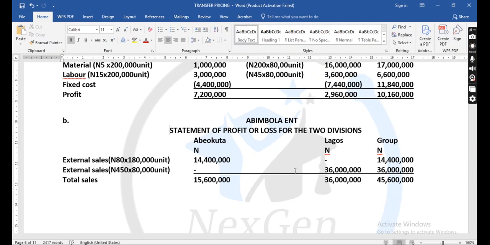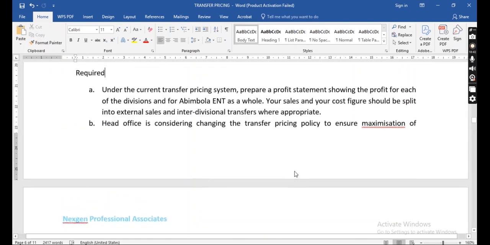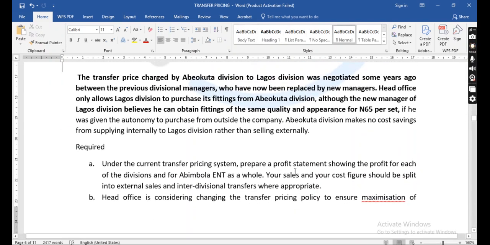But the question is, what will now happen to the 20,000? They didn't tell us anything about the remaining 20,000. They said, although the new manager of Lagos believes he can obtain fittings of the same quality and appearance at 65 if he was given the autonomy.